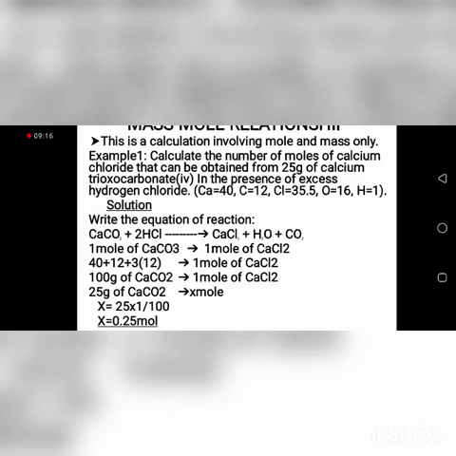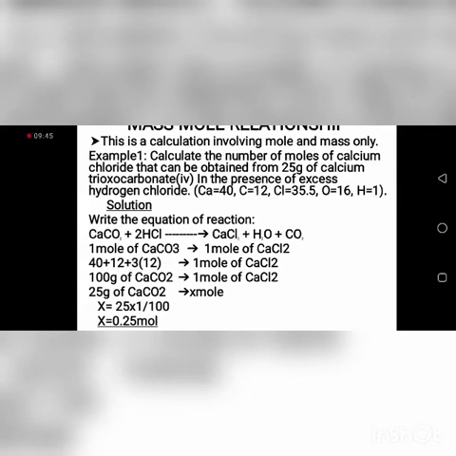If I add everything, I'll have 100 grams. So 100 grams is the molar mass of calcium carbonate. So 100 grams of calcium carbonate will give 1 mole of calcium chloride. Because we have to calculate the number of moles of calcium chloride, you will not convert it to molar mass. We'll leave it in terms of mole.